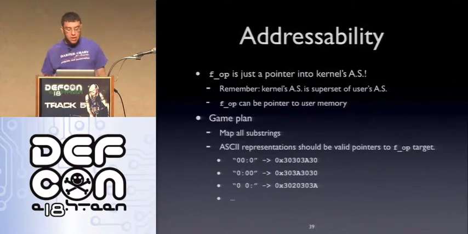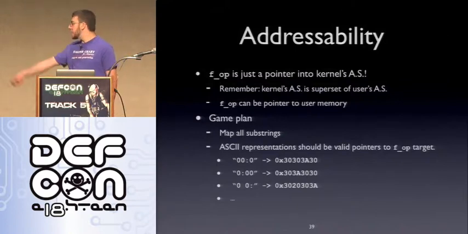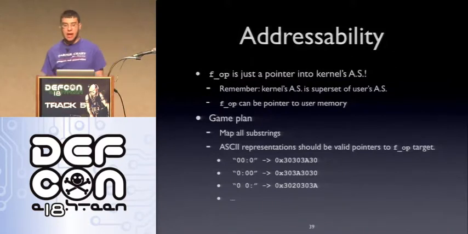The first substring is 00:0, and in ASCII that's going to be hex blah blah. We trim off the end and make sure that address points to a valid FOP target. And we're just going to keep walking through the string for every member there.